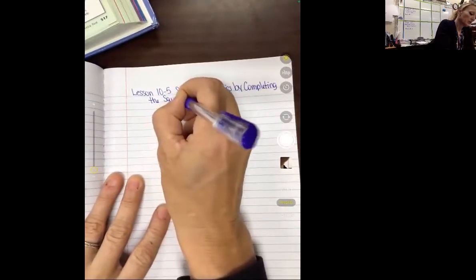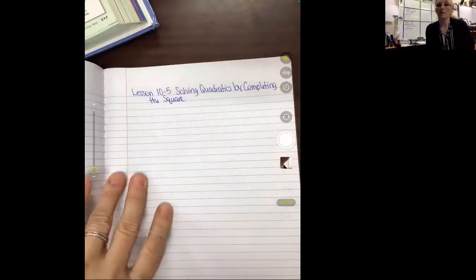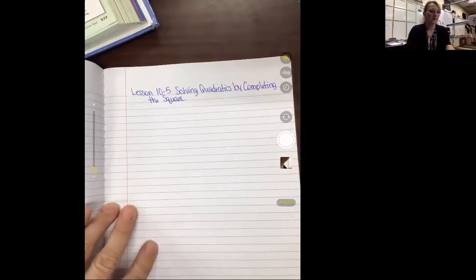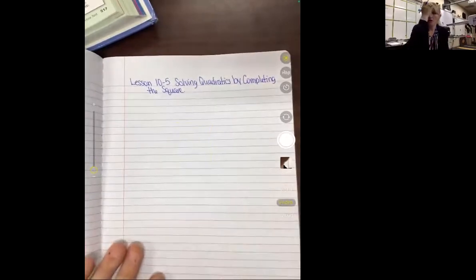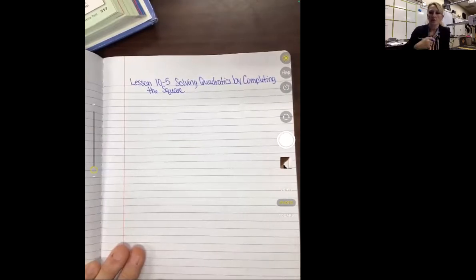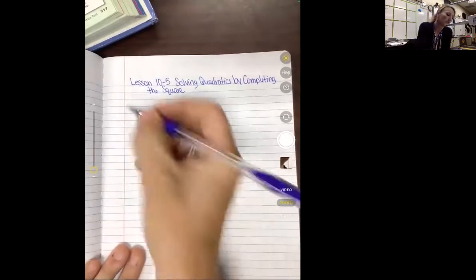Now, up to this point, we have solved quadratics by factoring, and the ones that we've done have all come out to nice, neat, pretty numbers. So these may not come out to the nicest numbers. These may come out to fractions, or we also haven't learned how to deal with when there's a coefficient of x squared. So that may happen in these too. So I'm going to give you step-by-step instructions on how to solve these.